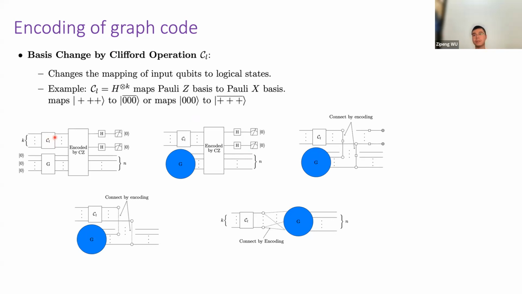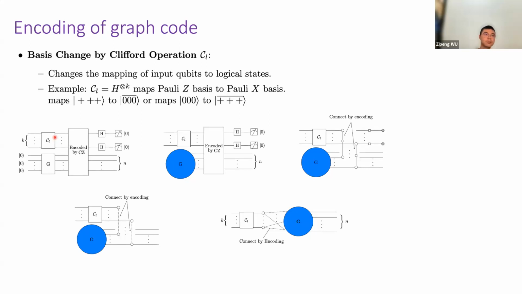One commonly used operation prior to encoding is the Hadamard operation. It basically converts the 0 state to the plus state. Therefore, you can imagine that it encodes the plus state to the logical 0 state that we defined before. Or you can imagine that it maps the 0 state to the plus logical state, as we defined before.